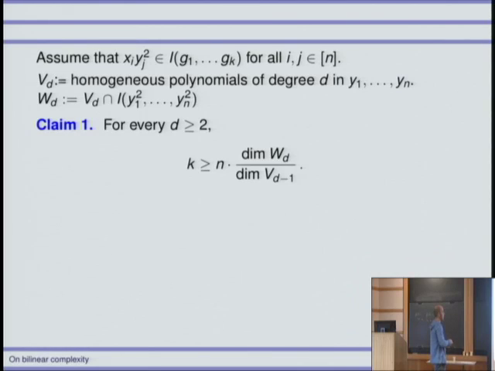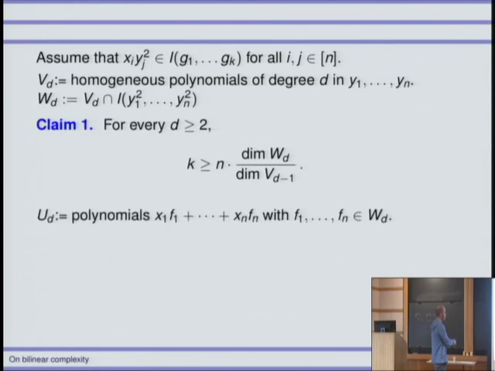Why? This is because if we define one more set, Ud, remember that the polynomials in Wd depend only on y, but let us now lift them to polynomials of the form x1 times f1 plus x2 times f2 plus through xn times fn, where the fi lie in Wd.